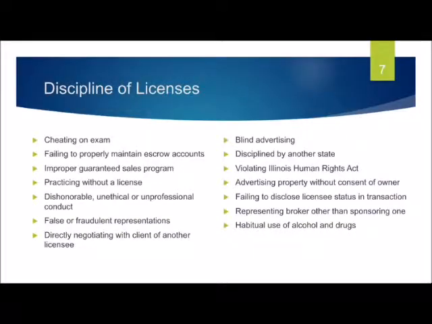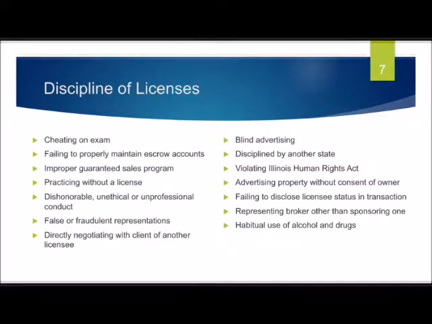But this is what happens, and this is why they end up disciplining our licenses. This is basically in the license law, section 15-20. We refer to it as the bad acts section of the license law. And this is where it lists the kinds of things that we can have our licenses disciplined for. Cheating on the exam. So right away, if they're going to cheat on their real estate exam, they're not going to get a real estate license.